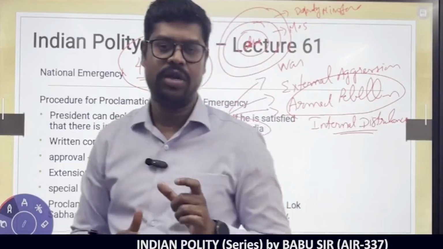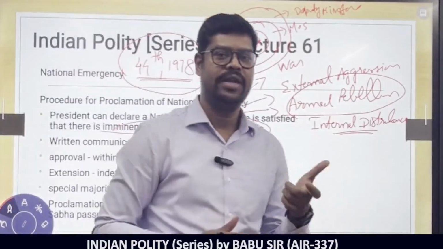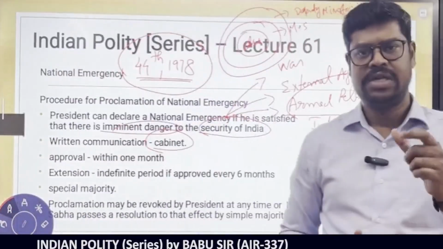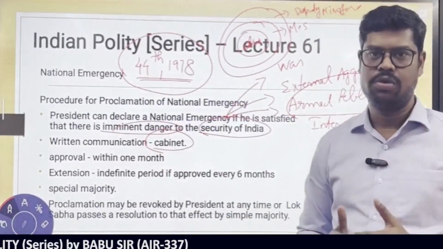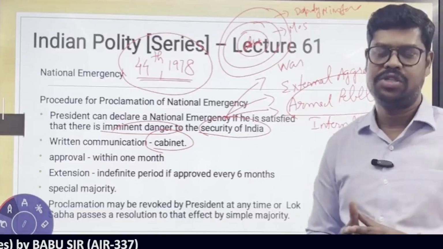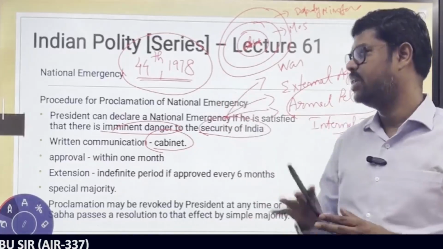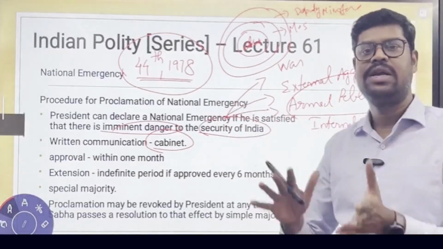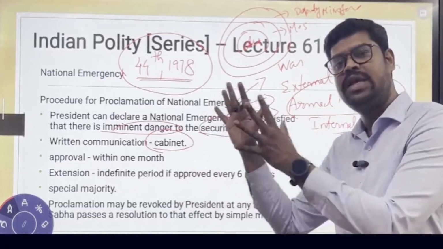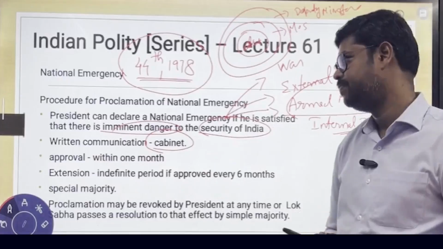Why was this change brought in? Because before 1978, it was done, especially the third national emergency, on the advice of the prime minister alone. So to avoid such arbitrary action, they made it explicit in the constitution that the national emergency can be proclaimed only with a written recommendation of all the cabinet ministers.